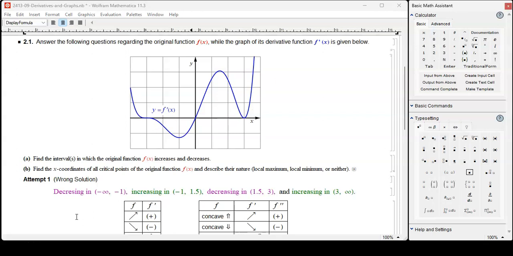Associate that like this. The graph hits the edge, so assume the same pattern continues. So this is decreasing, and this portion is also a decreasing portion.